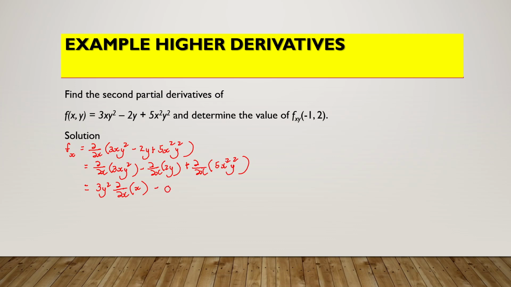For 5x squared y squared, 5y squared is constant, so you factor it out.